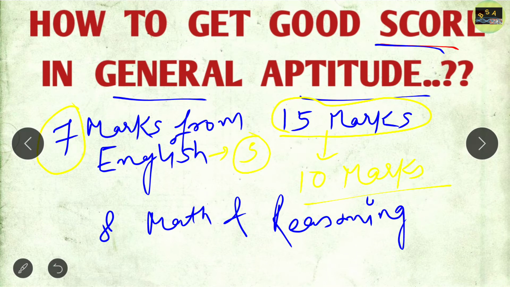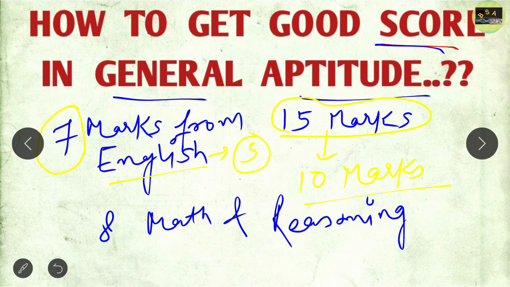Just read the sentence given in the grammar question. Try to manipulate the words that were given in the options, then you will definitely find the correct one. And while attempting the comprehension part, which is given as 2 marks questions in general aptitude, you just read the comprehension very carefully.